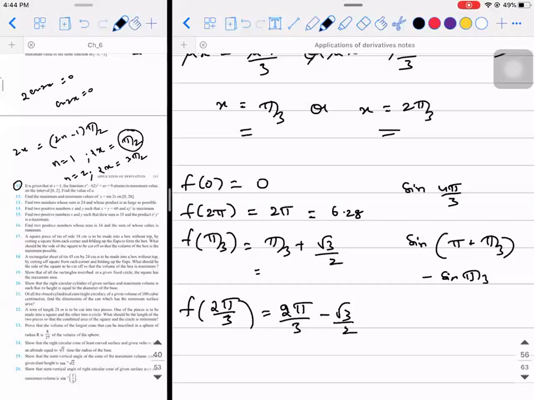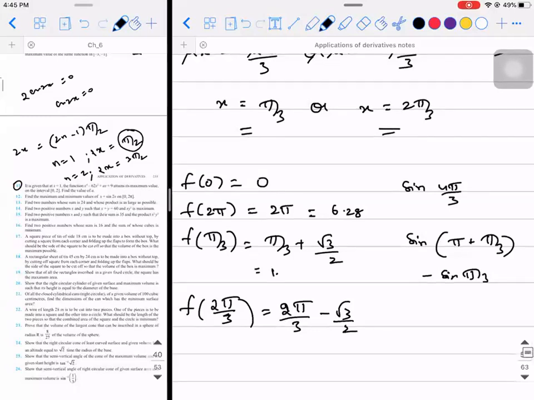Pi means pi only. So which one is the least value? Obviously 0, and the maximum value is 2 pi.